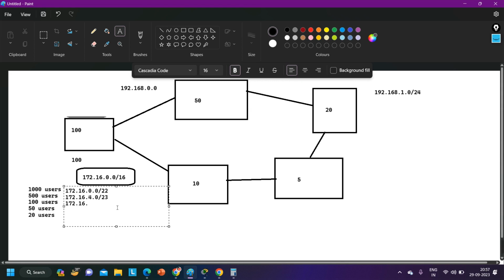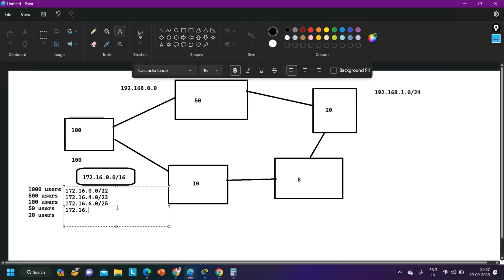And then the next one will be 6.0. For 100 users, slash 25 itself is okay. 172.16.6.0 slash 25. Then the next one is 6.128 slash 26.